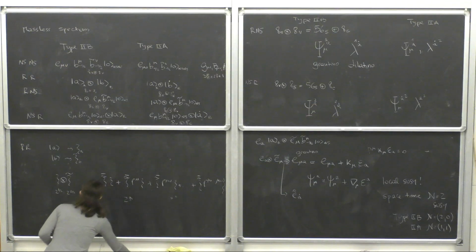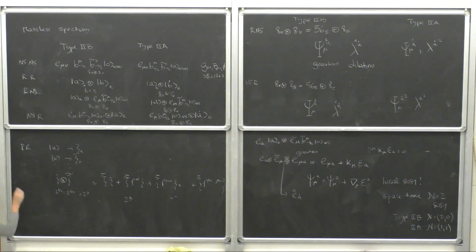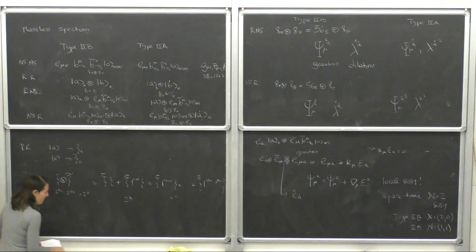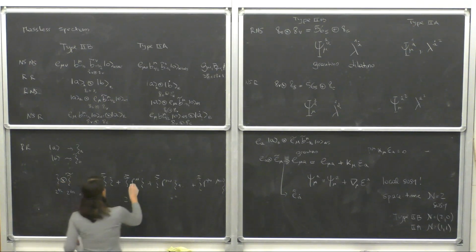And yeah, I could do the whole thing. It will take me, I don't know, maybe 5 minutes, but every minute is precious. So when you take 2 spinors of the same chirality, like in type 2a, so this is equal to 0.